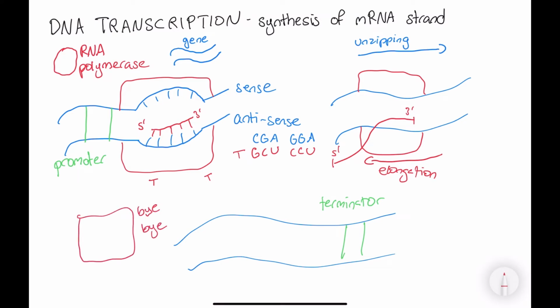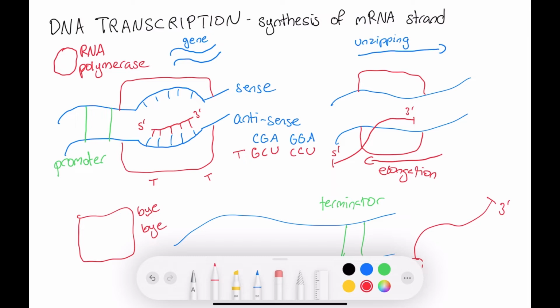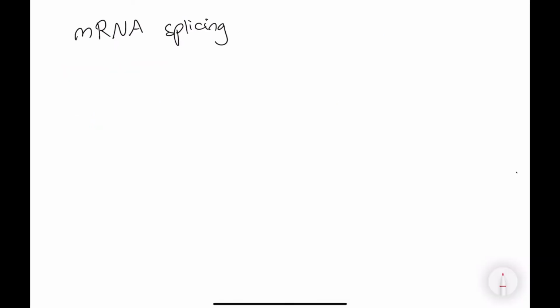And then we also have our synthesized mRNA strand. However, this strand is not yet ready to go to translation. mRNA is not ready for translation because DNA actually has coding and non-coding regions, which is reflected in the first synthesis of mRNA, and we're only interested in the coding regions.